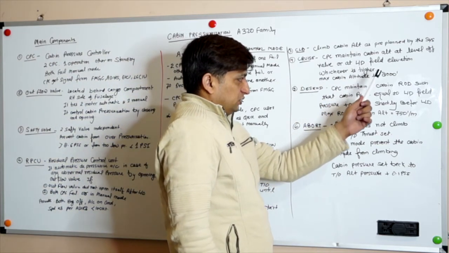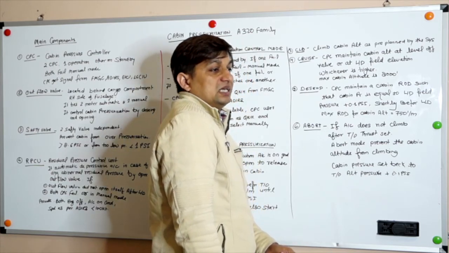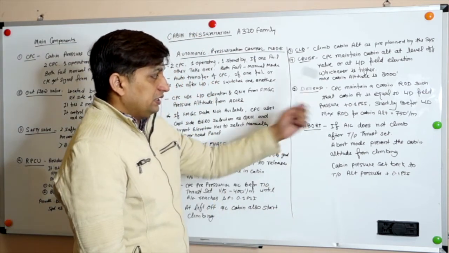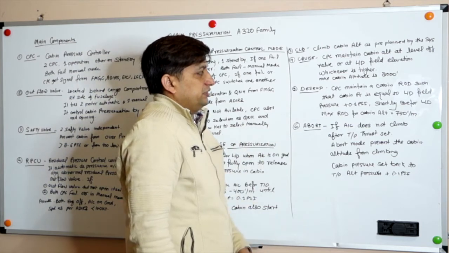Max cabin altitude is 8,000 feet. If the landing elevation of the airport is 9,000 or 10,000, it will not go up to 9,000 or 10,000. It will maintain only 8,000. Okay, so at the time of landing, it will release the residual pressure.